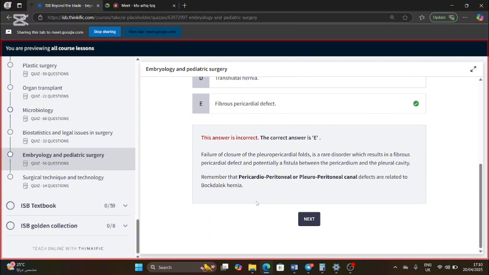But pleuroperitoneal defects are very rare, and they usually result in a fibrous pericardial defect. Another note I want to highlight is that later on, they also contribute to the formation of the pleuroperitoneal canals. So if this option is not there in the exam, you should go for the hernia, because later that can contribute to it.